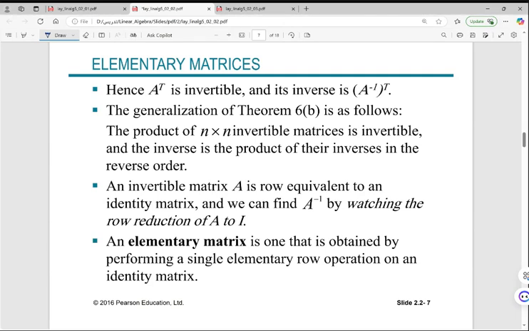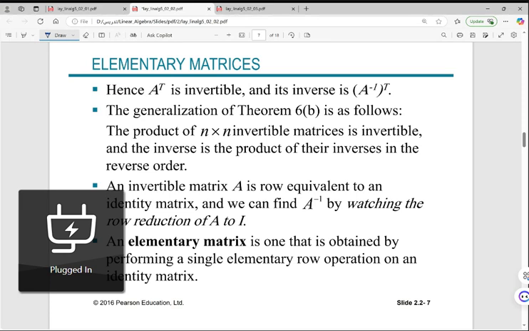Let's move to another elementary concept or notion. Now we want to see how to compute the inverse of a matrix. In the case of a 2 times 2 matrix, it is easy. We already saw the formula. But in the case of larger matrices, it is a bit more challenging.